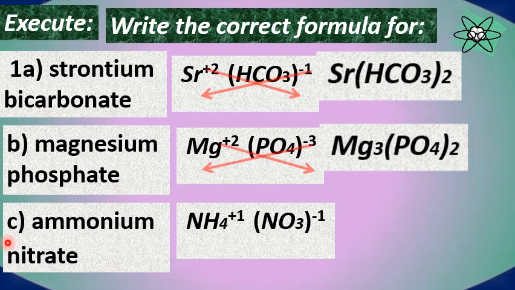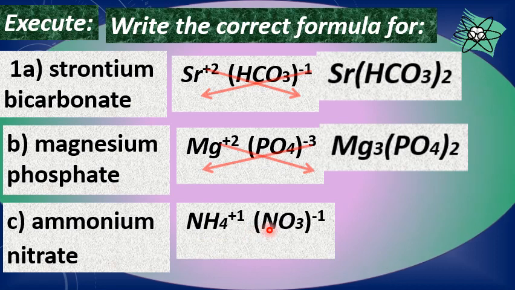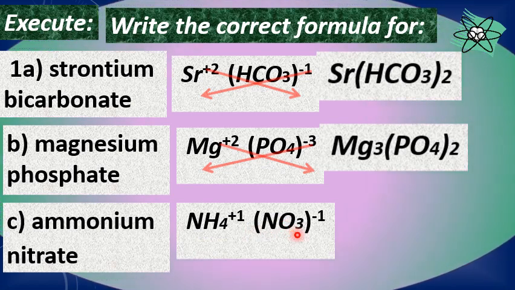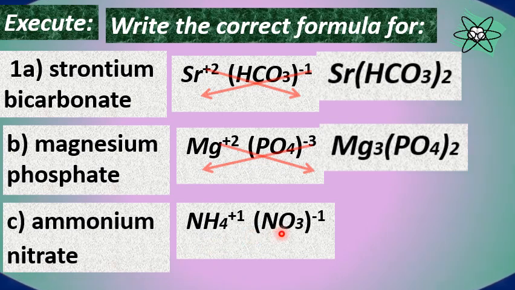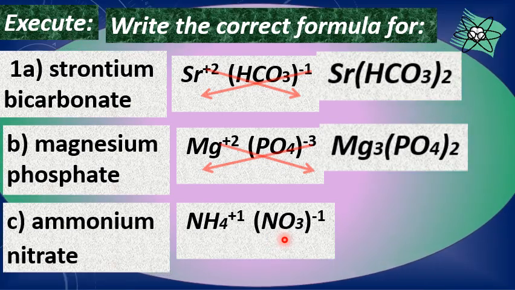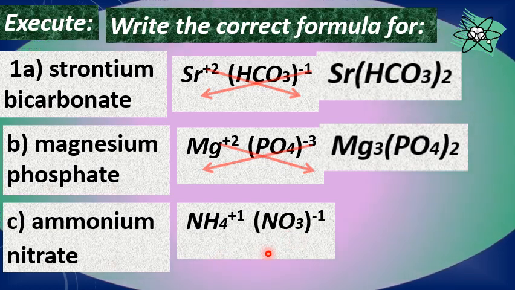The first one is the positive 1 ammonium polyatomic ion, while nitrate, the formula of which is NO3, has an ionic charge of negative 1. Take note, this is nitrate and not nitrite. Nitrite has the formula NO2, so this one is nitrate.